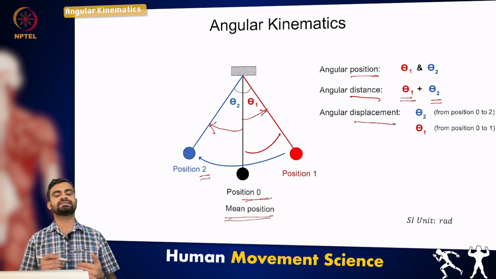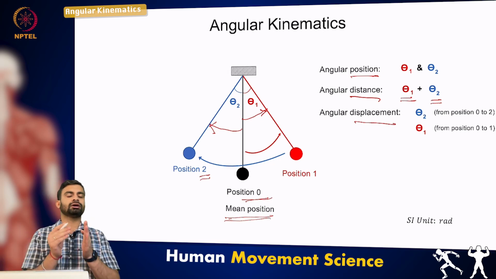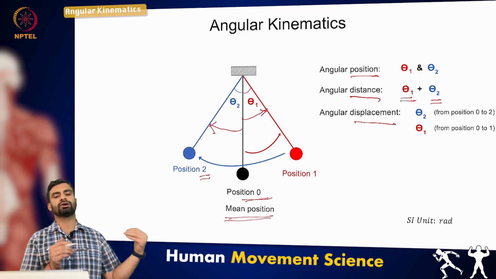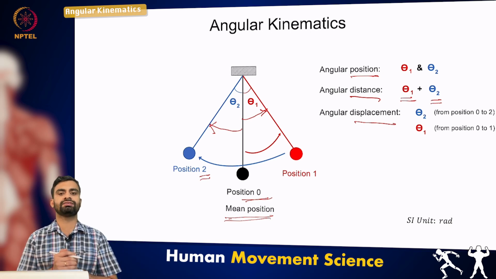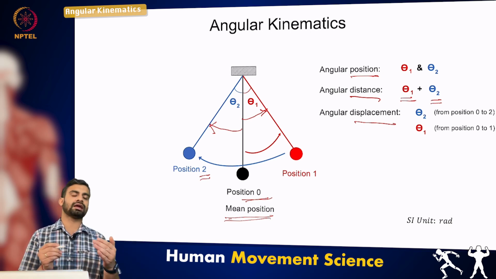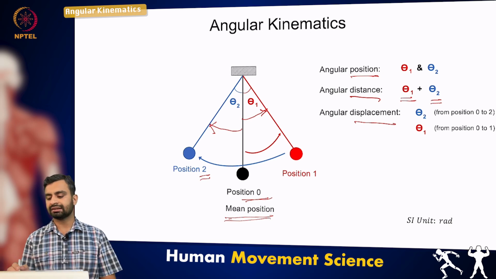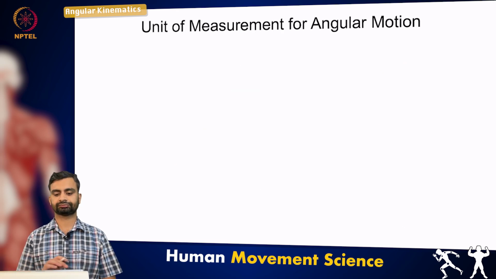The only difference is that there we looked at linear distance in meters, centimeters, kilometers or any standard unit of length, where the international standard unit is meters. Over here, the international standard unit for angle is radians.